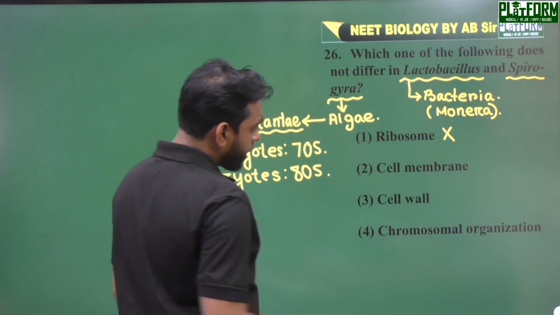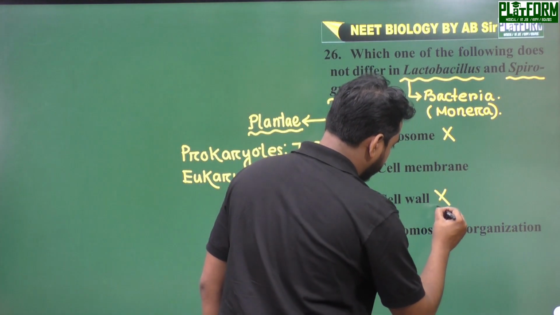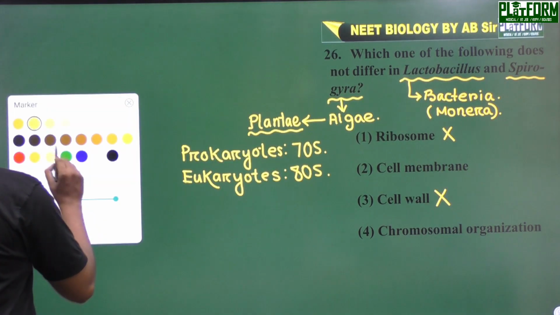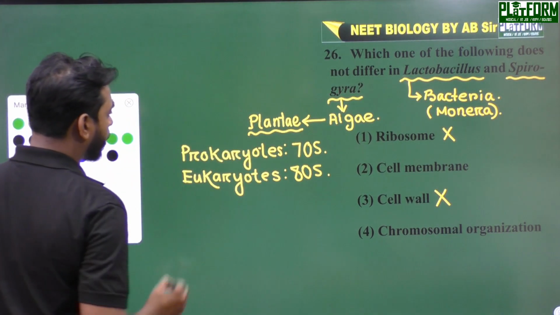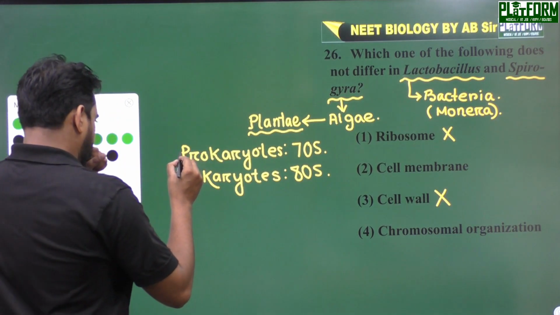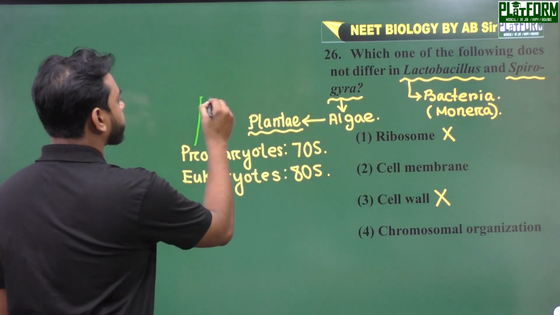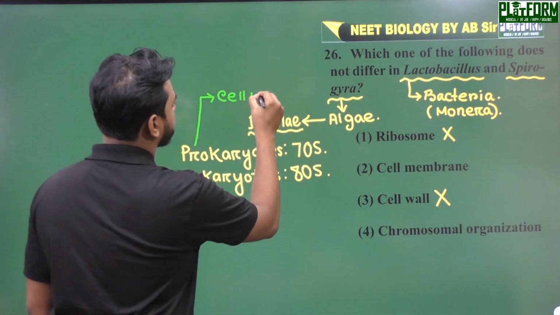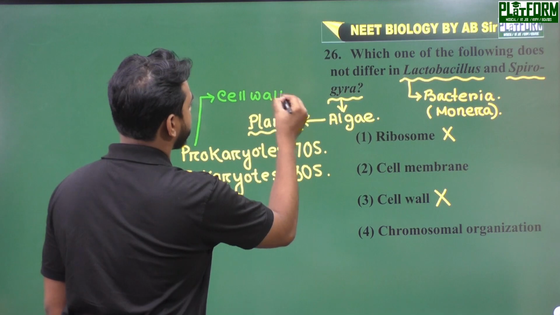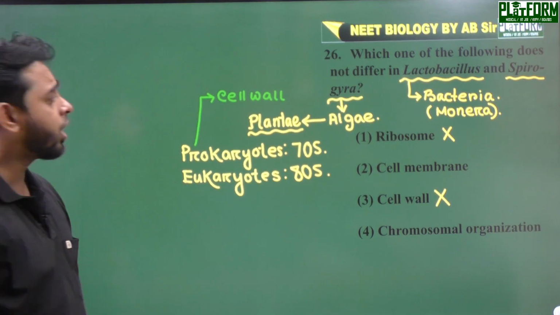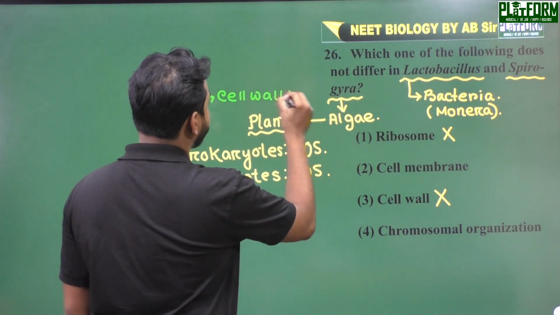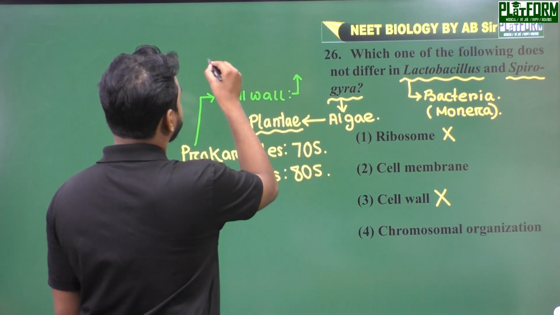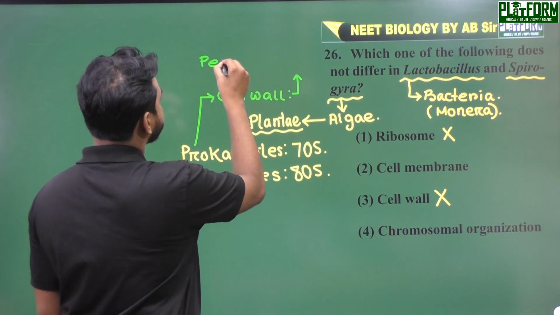Okay, it is not the cell wall, because we know that if it is a prokaryotic organism, then the cell wall is made up of peptidoglycan.